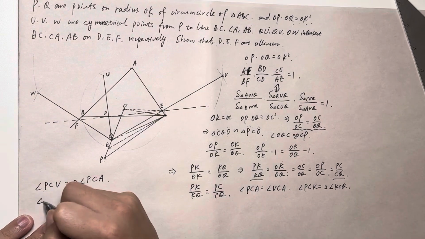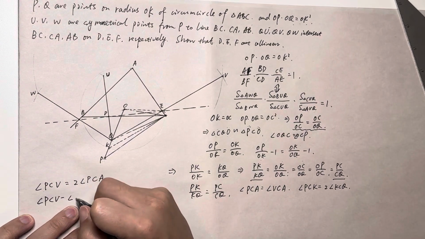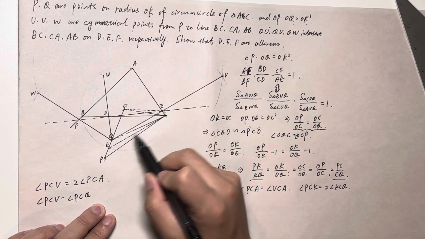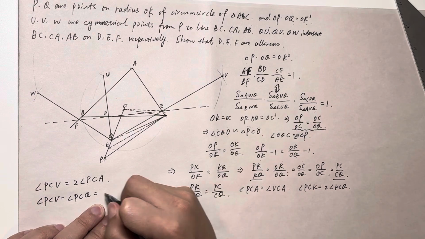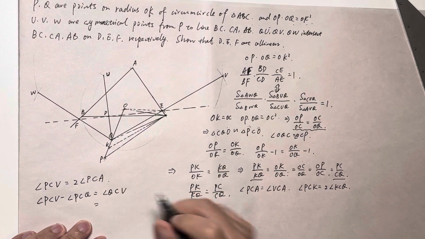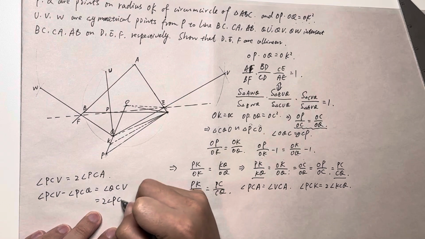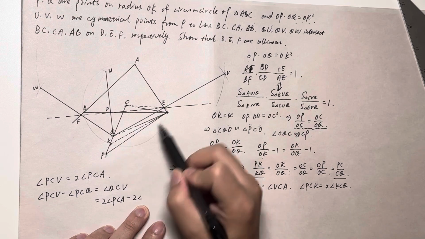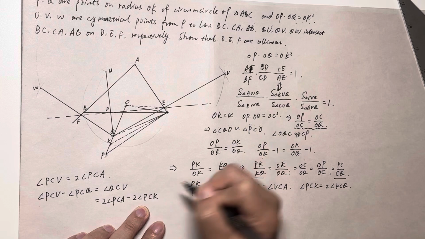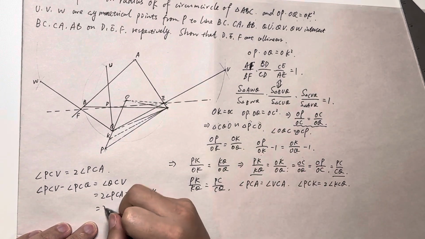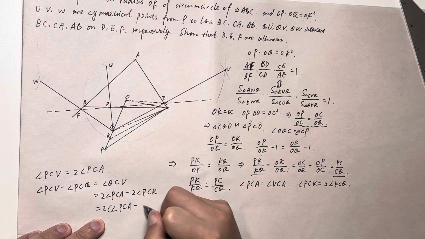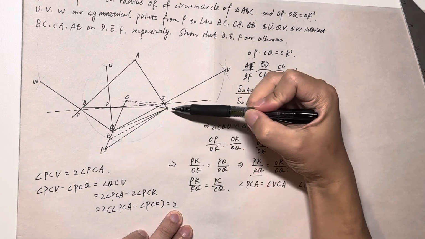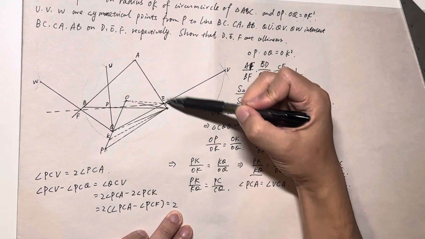So angle PCV minus angle PCQ, that's angle QCV, right? It also equals twice angle PCA minus twice angle PCK, which equals twice PCA minus PCK, that's KCA, right?